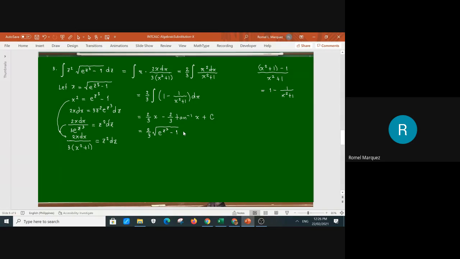And then minus 2/3 times inverse tangent of the square root of e to the z cubed minus 1, then plus c. Okay? Any question, guys, with this problem?